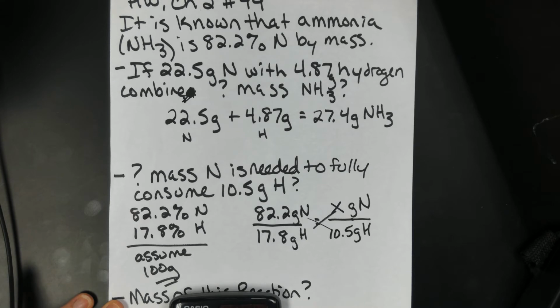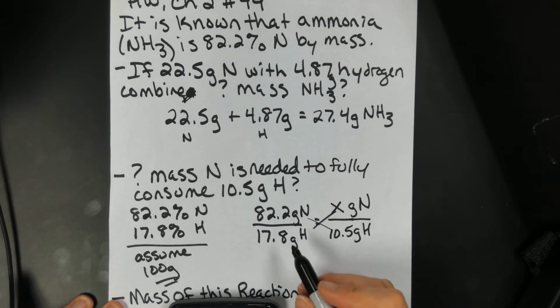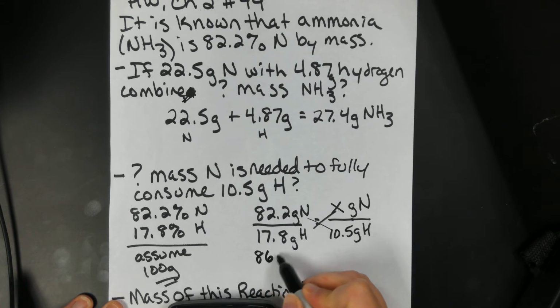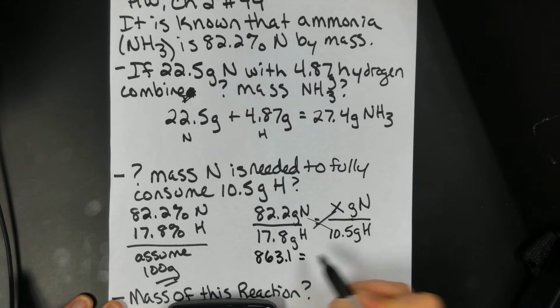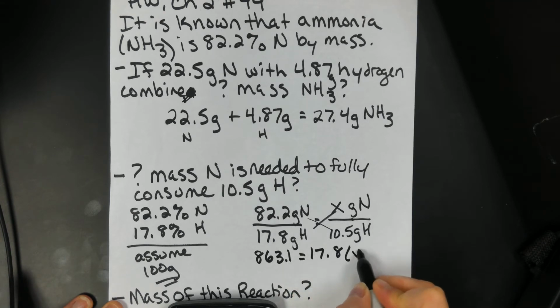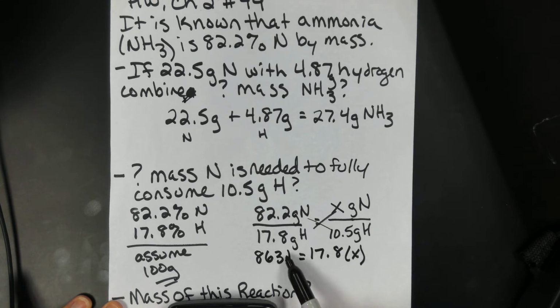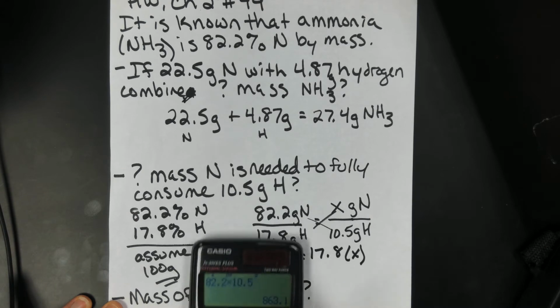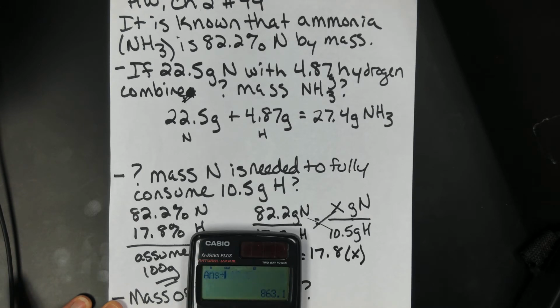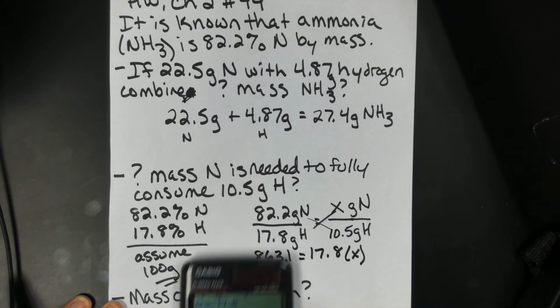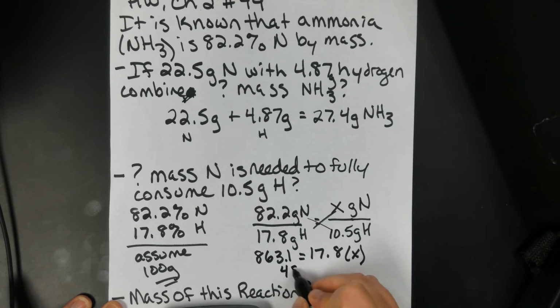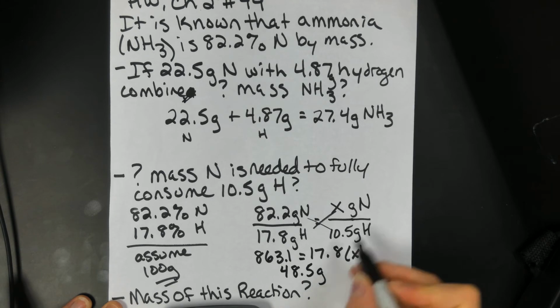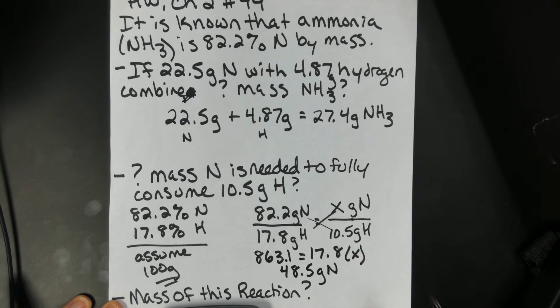We get 863.1, and that's going to equal 17.8 times x. Now to solve for x, we just take 863 divided by 17.8, and we get 48.5. And that's grams of nitrogen.